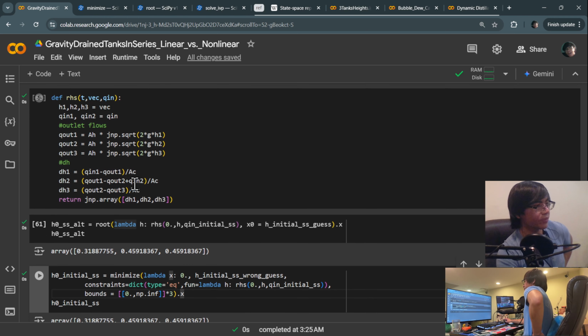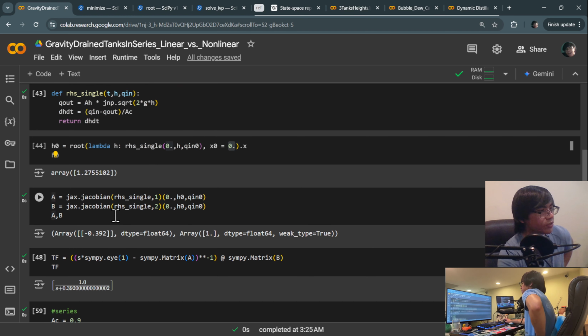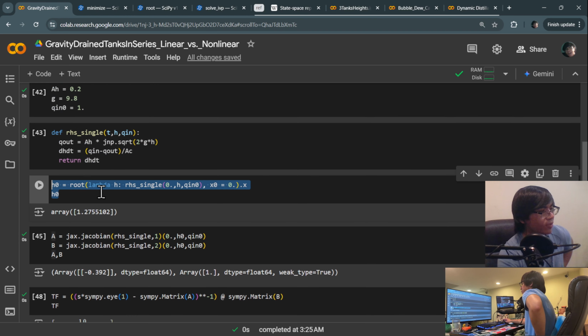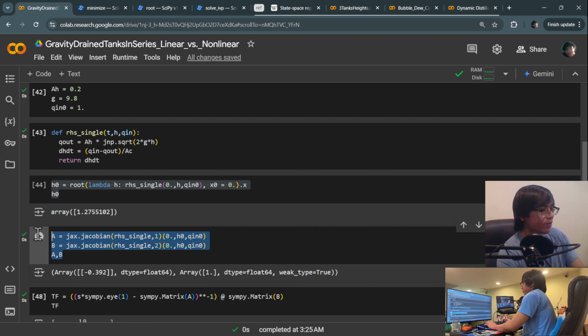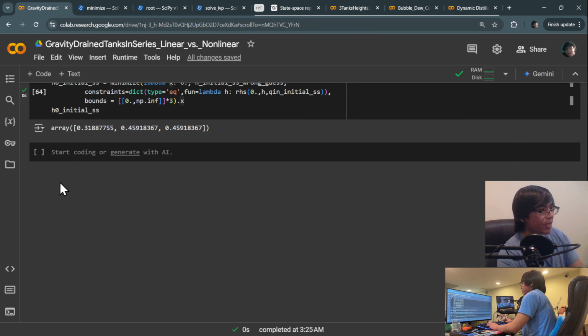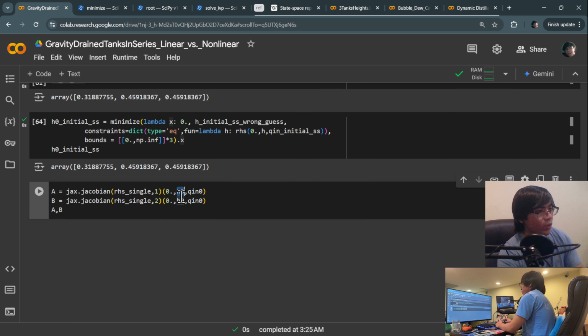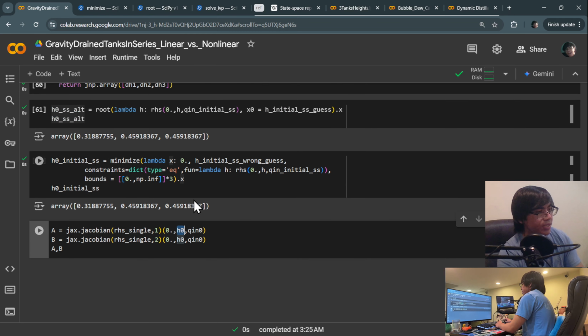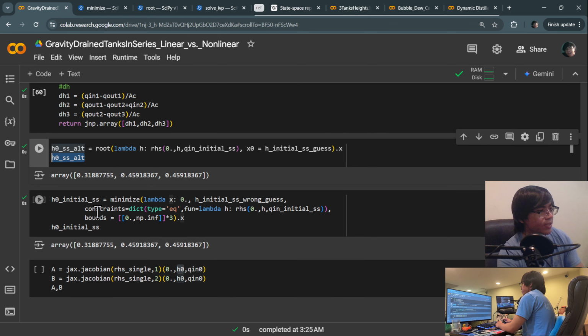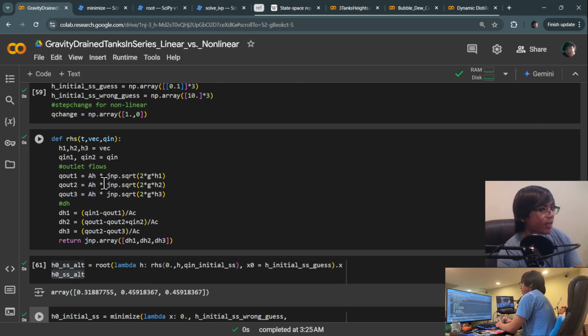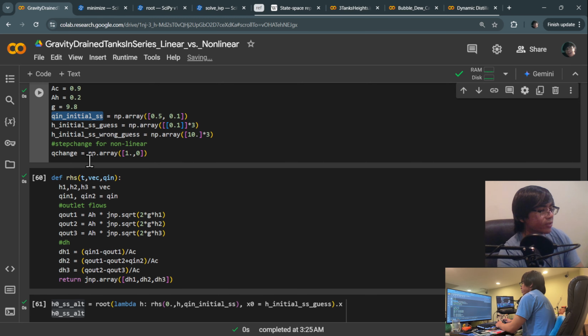And yeah, now that we have our initial heights, remember last time after that we did our Jacobians. So this is actually pretty straightforward as well. The only difference being now we have vectors and arrays. So instead of evaluating at one single value for the initial steady states, now we plug in our steady states right here, for our height and our Q initial.